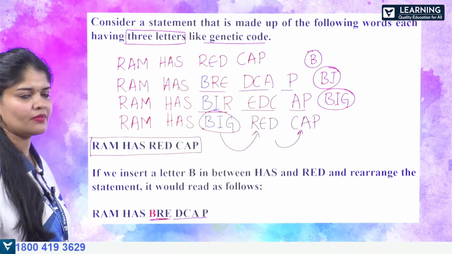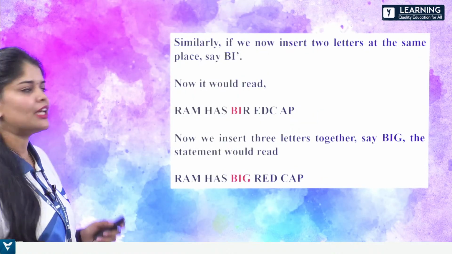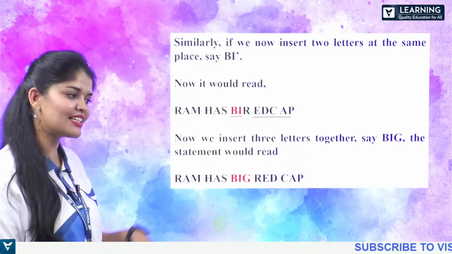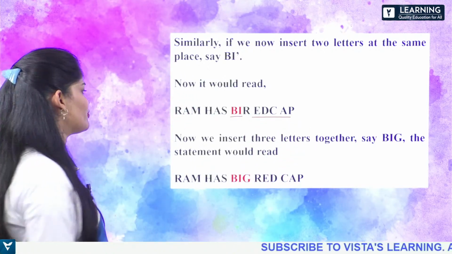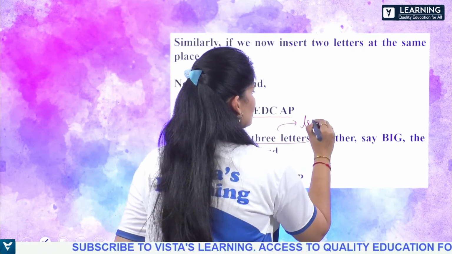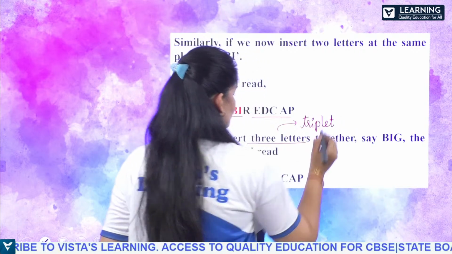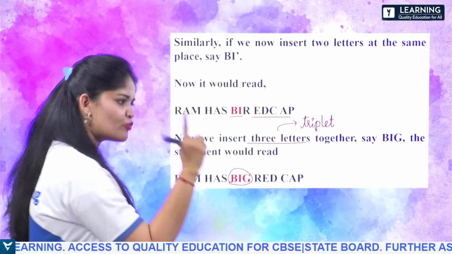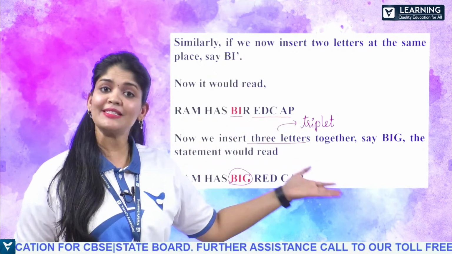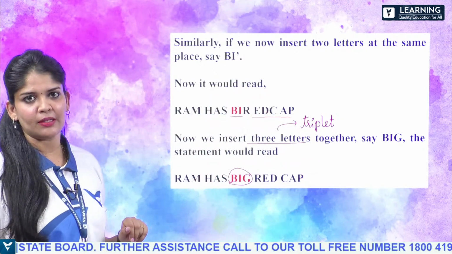Simple. The same thing happened. If you insert 2, again there is an alteration in the remaining codons also. If now we insert 3 letters, as the 3 letters are a triplet, then there is an insertion of one amino acid. And the rest of the codons will be unaltered, the same as the original statement, right?